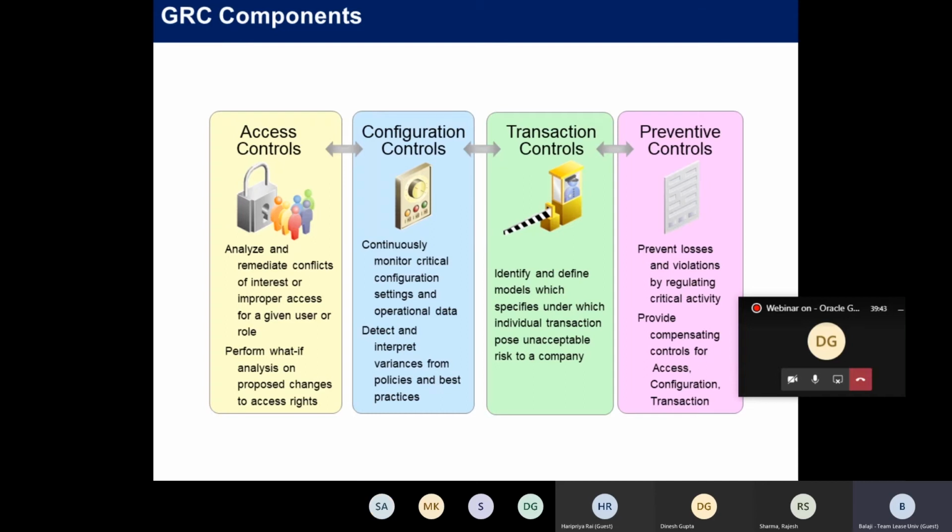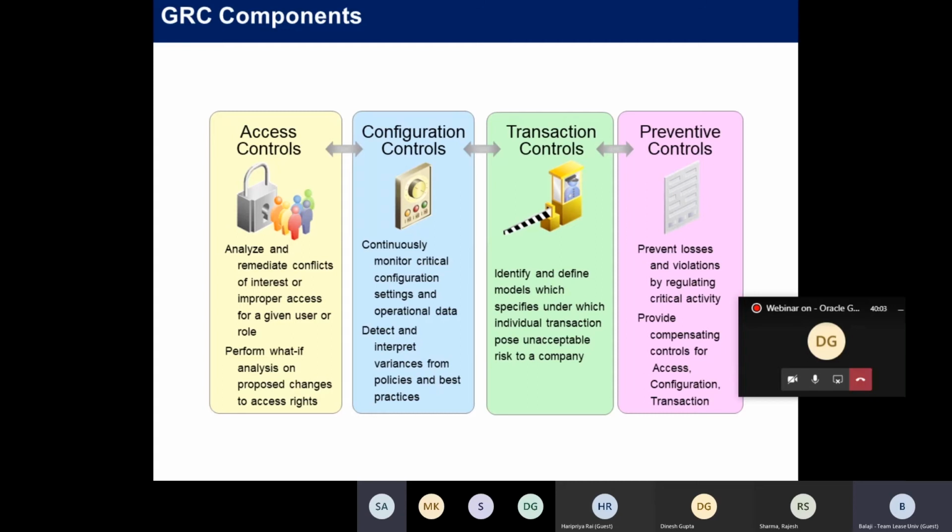Something like that. Preventive control is the absolute control, where you don't allow the user to go and make those changes or those transactions or those parts of the transactions. So preventive control is the ultimate.